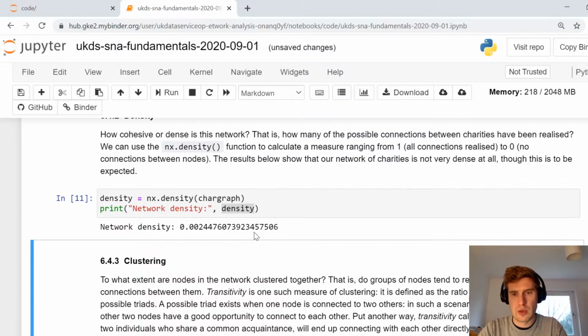So actually those 1500 connections, from a substantive perspective, are a reasonable number of connections between charities, but mathematically it's a very, very small number of the connections that could exist. Density is measured as a proportion between 0 and 1, or just think of it as a percentage between 0 and 100. So there are fewer than 1% of all possible connections realised in the Manchester charity sector.